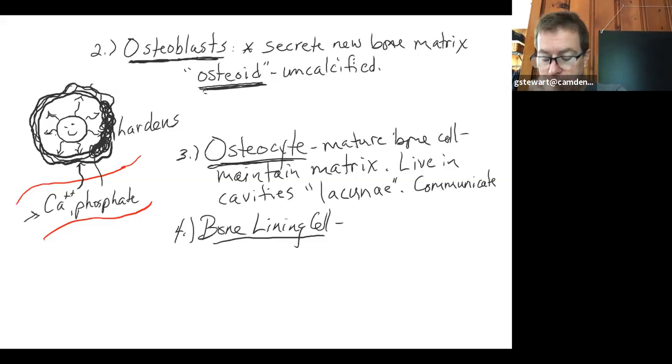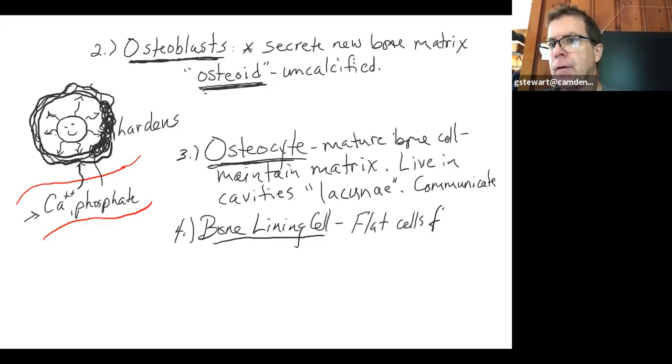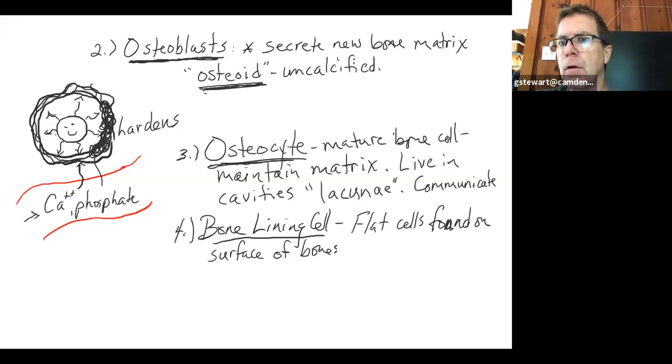is sort of like an osteocyte. Bone lining cells, though, are flat in shape. So they're flat cells that are found on the surface of bones, specifically where bone remodeling is not going on or occurring.